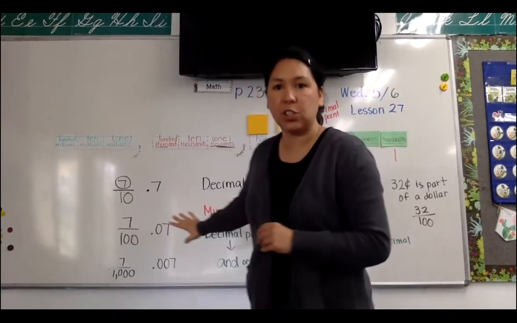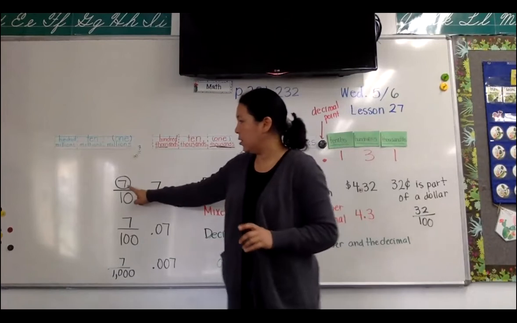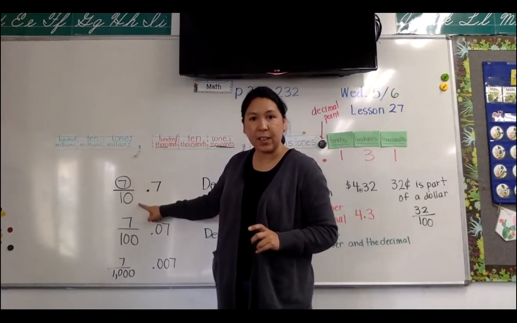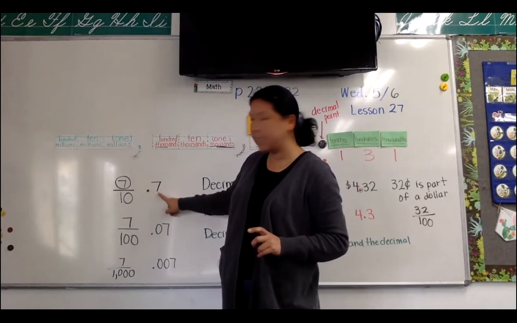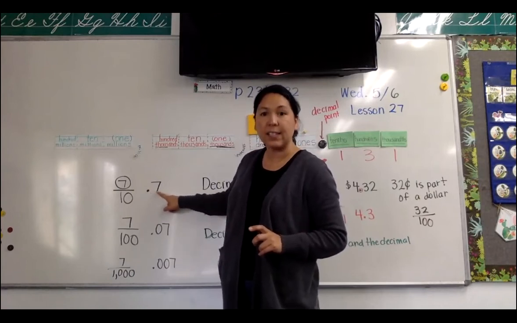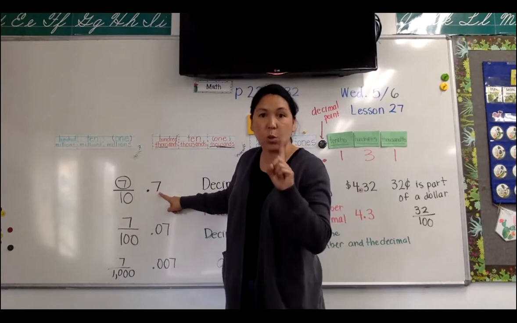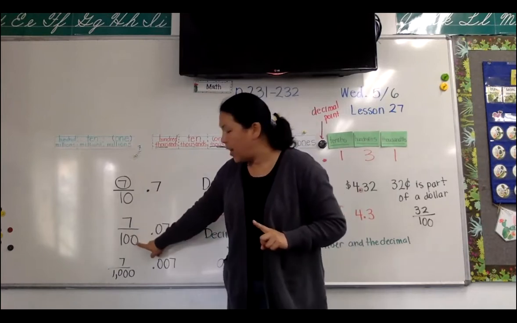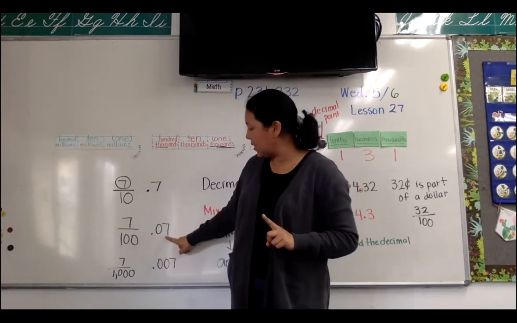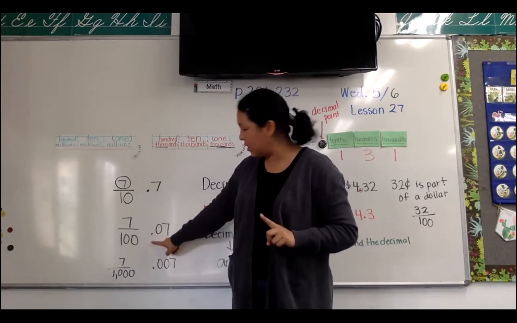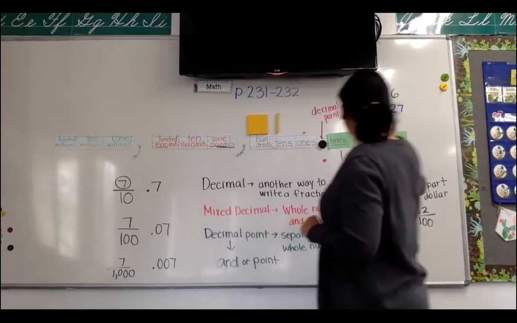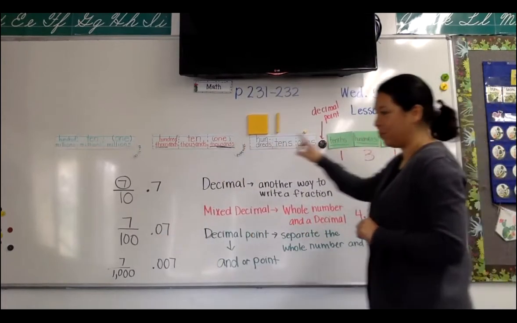Look really quick at this just as a quick reminder. So 7/10 is the same as 0.7. We would read this 7/10 because there's only one number after the decimal. 7/100 is the same as 0.07. Because there are 2 numbers, we say hundredths.